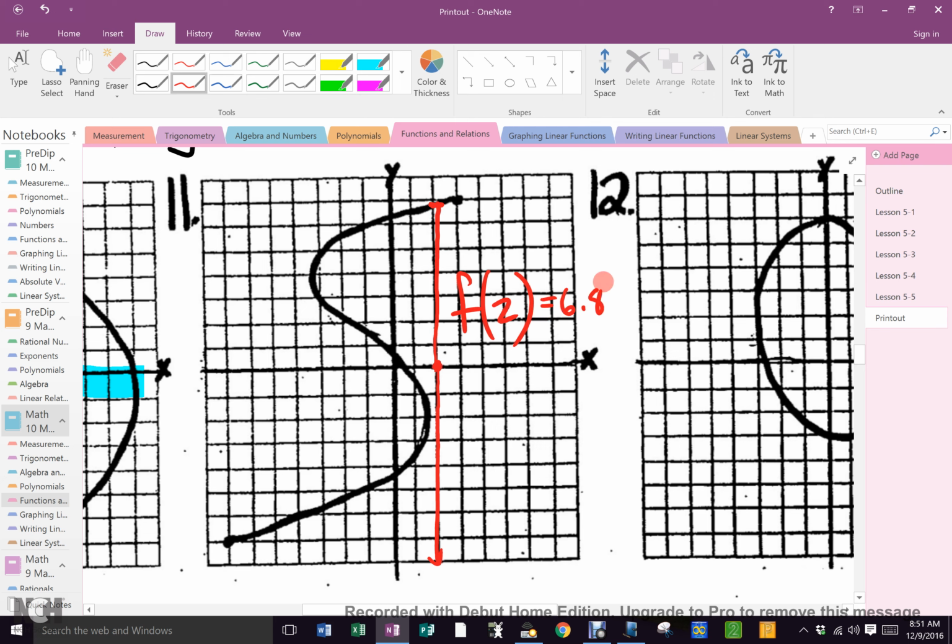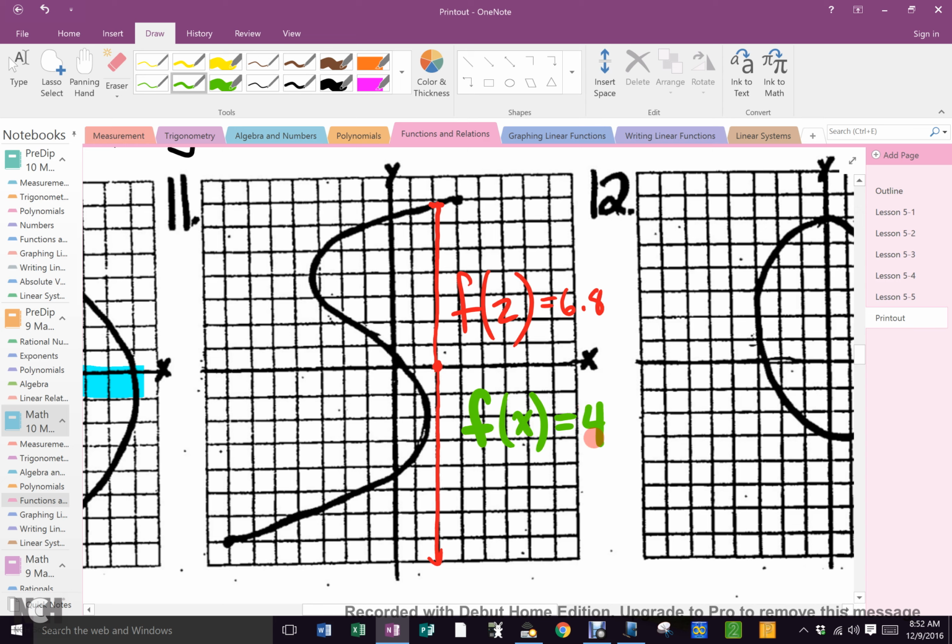Everybody good? Yes? Okay. Now I have the f of, that's tough to see. Let's choose a better color. Let's go with this. The f of x is 4.